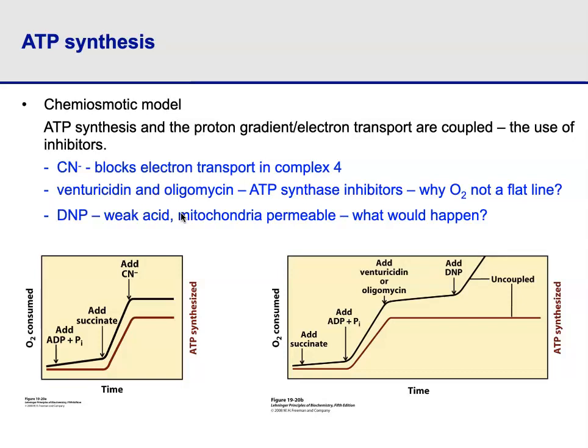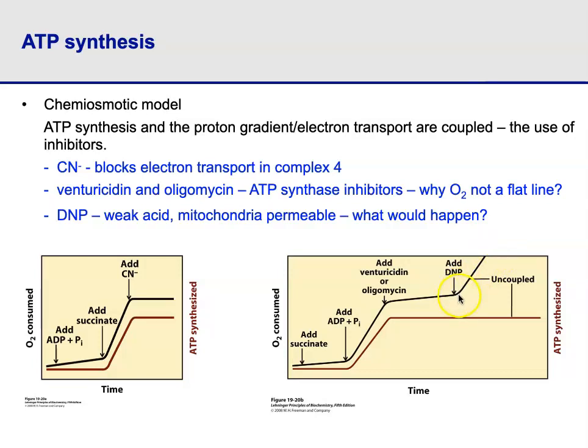We're using another mechanism to channel protons back into the matrix, thus relieving the pressure of the gradient. The pressure is relieved, we get substrate to be transported, protons to be transported across, and that's why the oxygen consumption resumes after we add DNP.